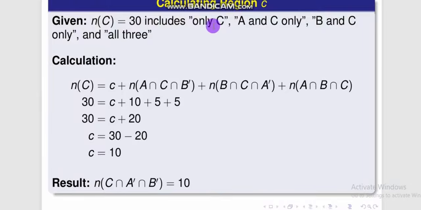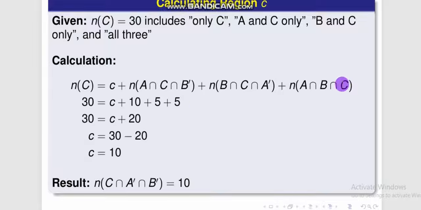We don't know those who read only C, so we give it the letter C. So the number of those who read newspaper C is equal to only C, A and C without B, B and C without A, and all three.